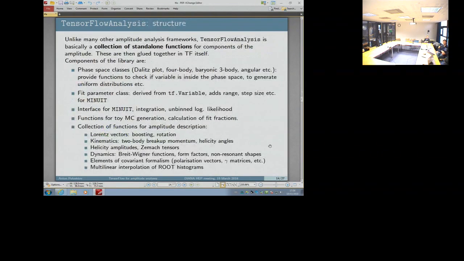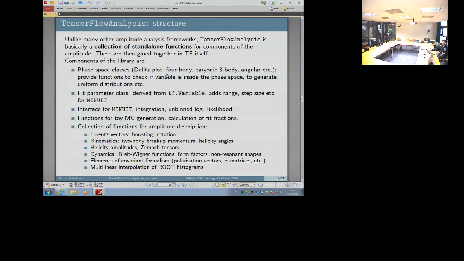This package just provides a collection of standalone functions, as I said, for the components of the amplitude. What kind of functions do we have? First of all, the phase space classes, where we are doing the fit. For instance, the two-dimensional Dalitz plot, which is some complicated, more or less two-dimensional shape, depending on the masses of the initial and final state particles.